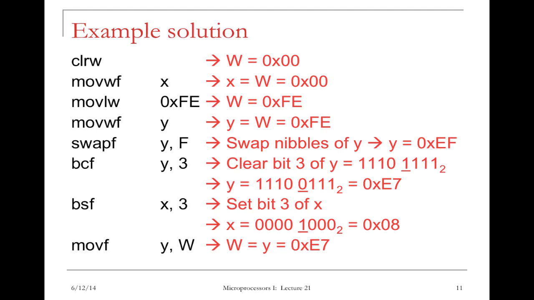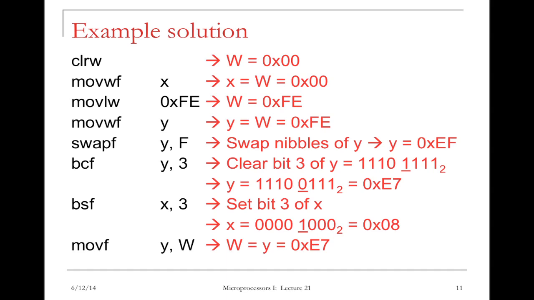Okay, let's look at the solution. Clear W is to put 0 into the working register. Then the next instruction is movwf. We're going to copy the value from the working register to a register, and that register is X. So X will have the same value as W. Next instruction is movlw.